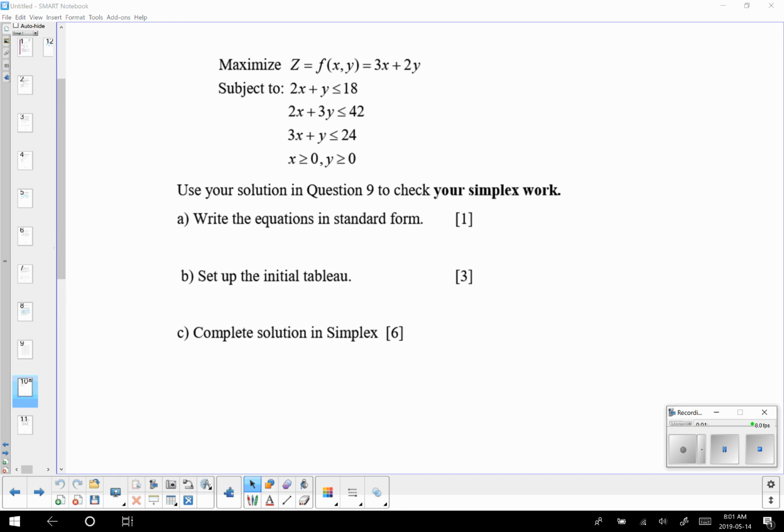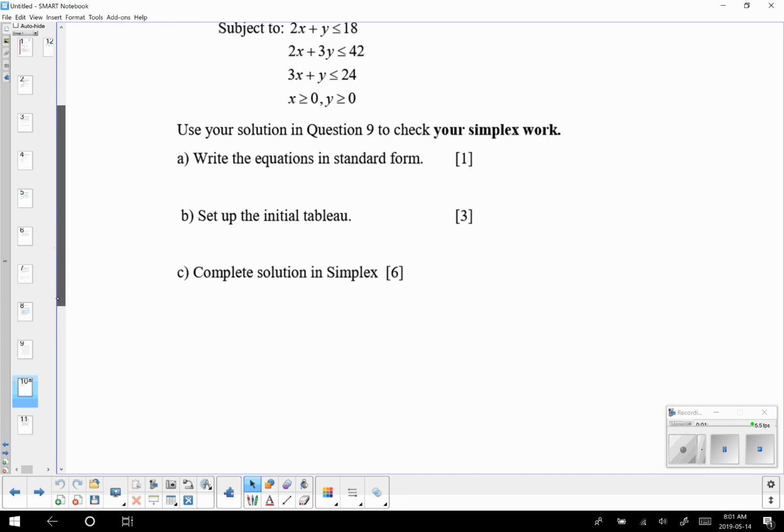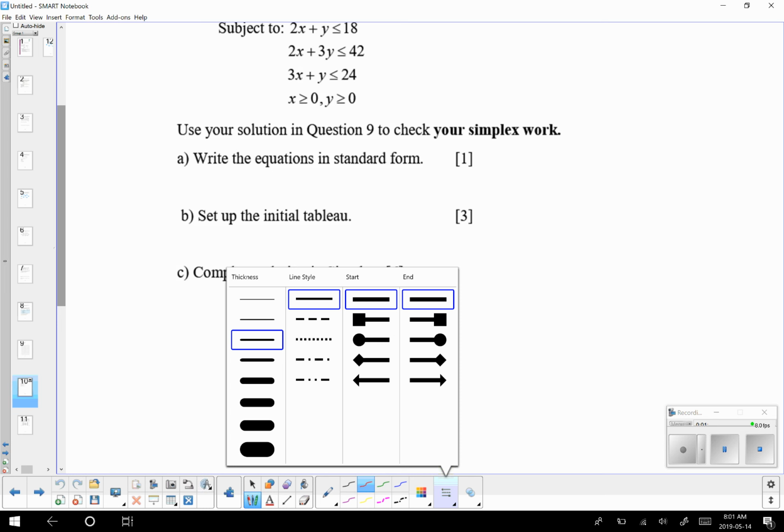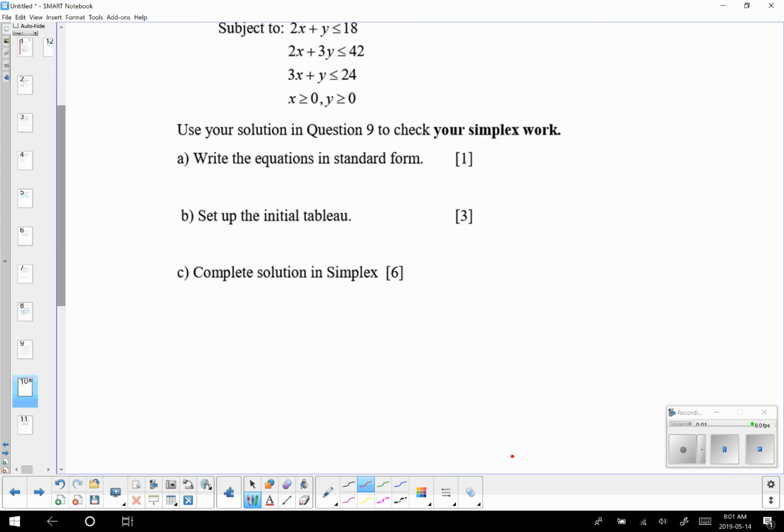So let's start by worrying about the equations in standard form. It means that we're going to add a slack. So it'll be 2x plus y plus some amount will equal 18.